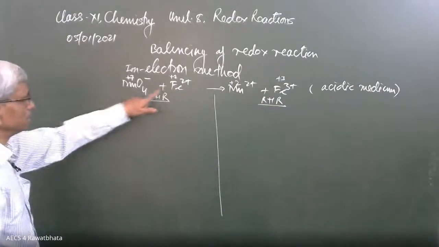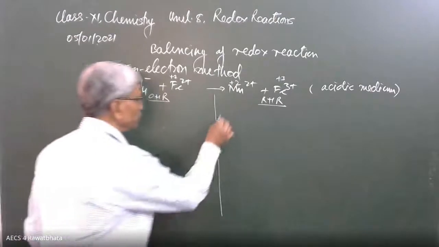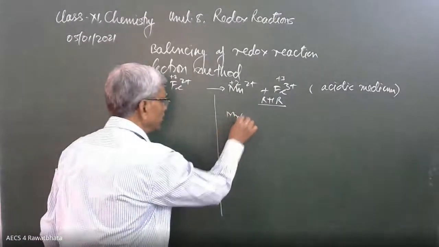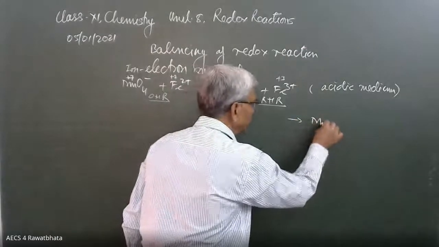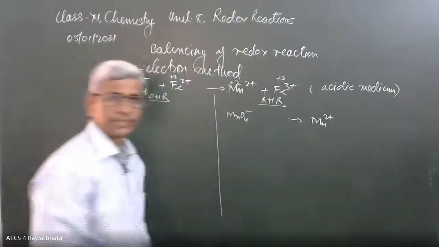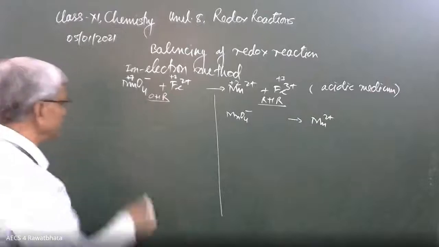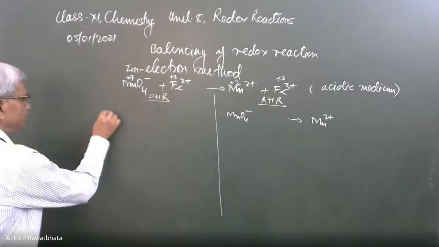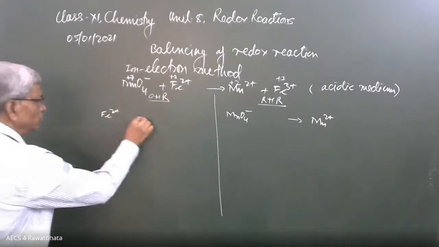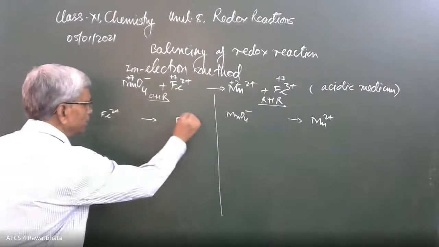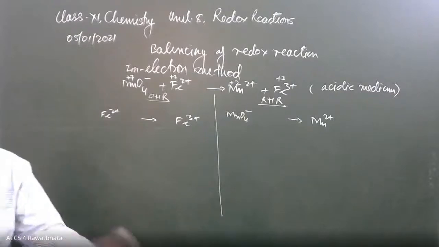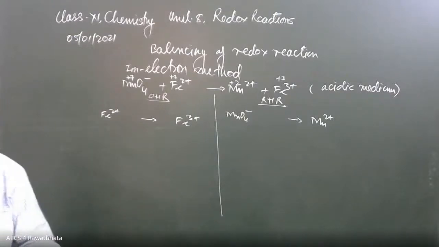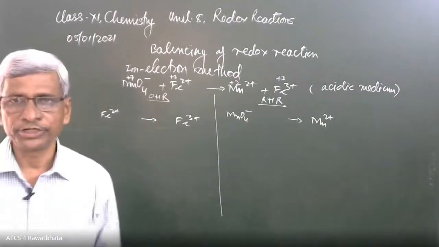In this part Mn is going to reduce, that's why the reaction is MnO4 minus going to change into Mn2 positive, reduction half reaction. And here Fe2 positive going to change into Fe3 positive, oxidation half reaction. This is the one step: division of the redox reaction into oxidation and reduction half reactions.